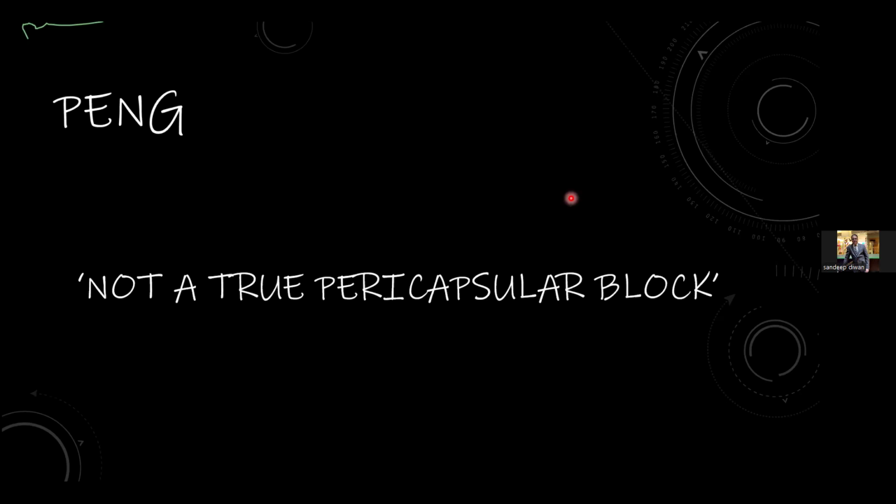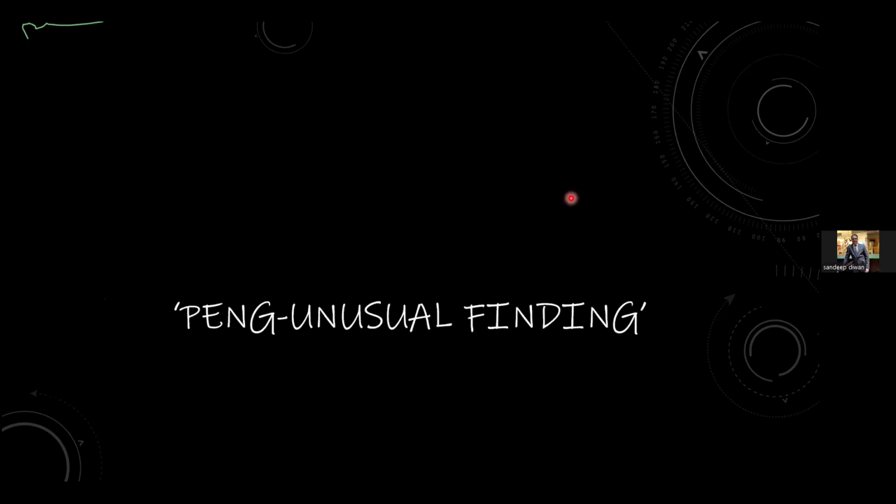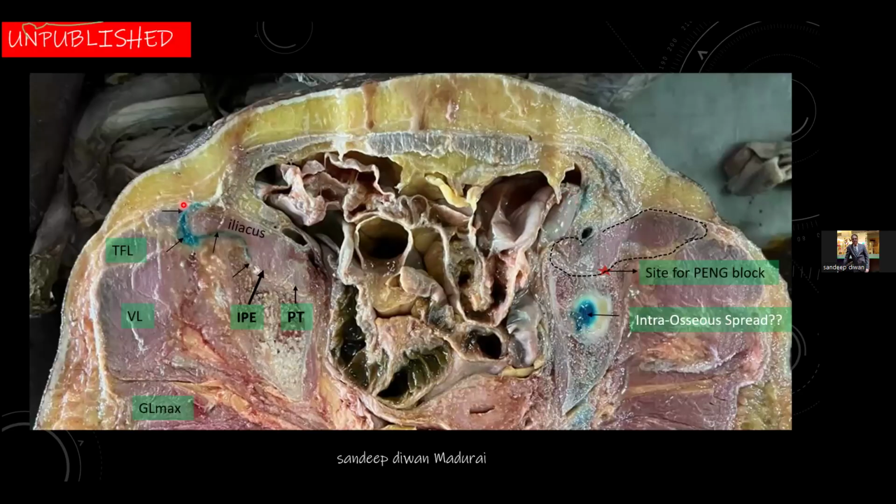So cadaveric studies can be a way or a path to understand the mechanism of action of the novel blocks which have been described in literature. One of the unusual findings of the Peng block was when we did a cross section. Now, why do you do a cross section?